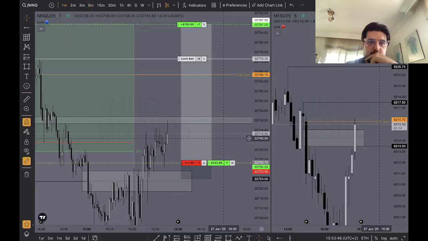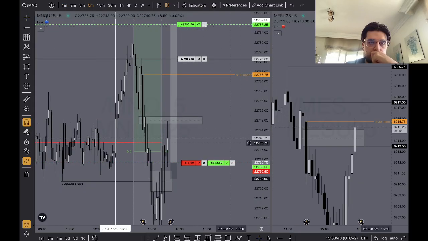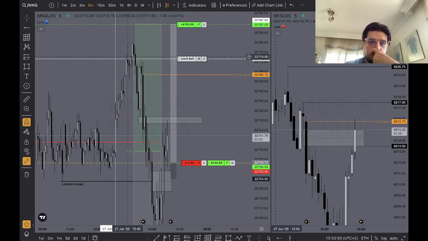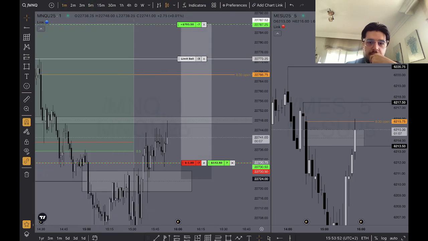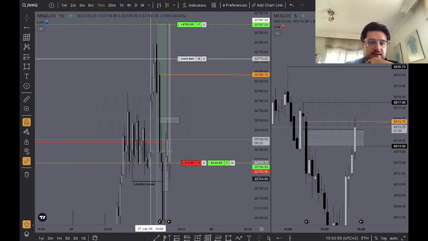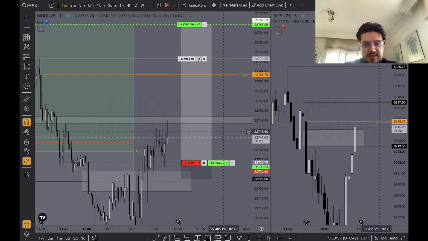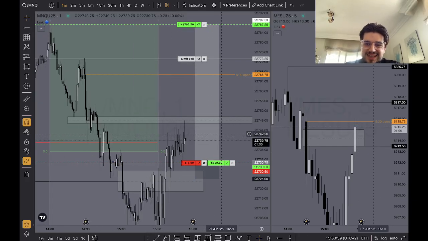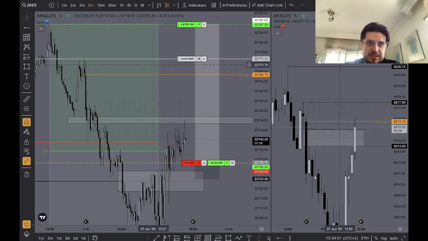We got this rally up on ES. It's not really looking too good. I'd love to see the next 5-minute candle just be bullish on Nasdaq as well. Why is Nasdaq lagging, boys? I'm not really liking it.